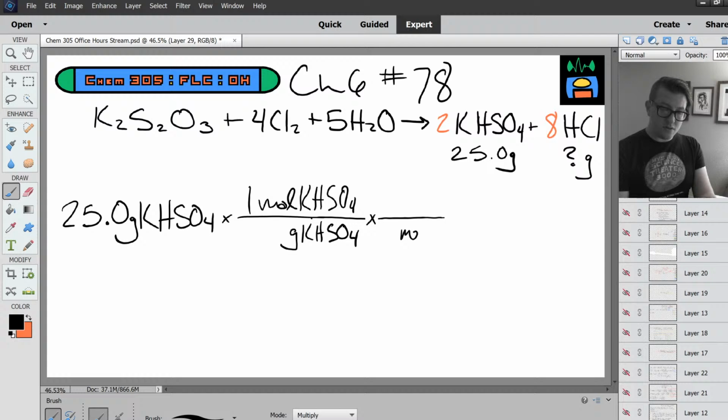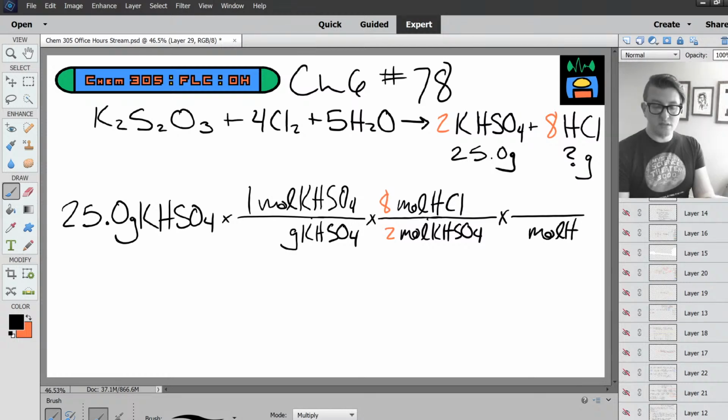Then we convert from moles of potassium bisulfate to moles of HCl. And here, this is a 2 to 8 molar ratio. And then finally, we convert from moles of HCl to grams of HCl.